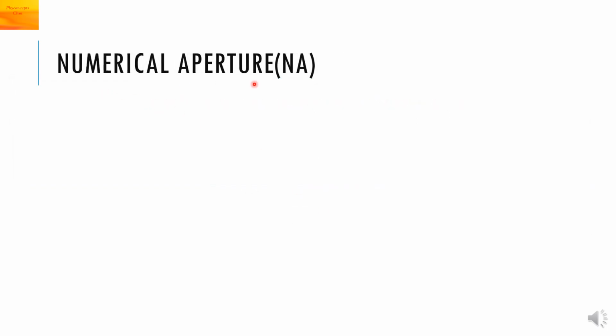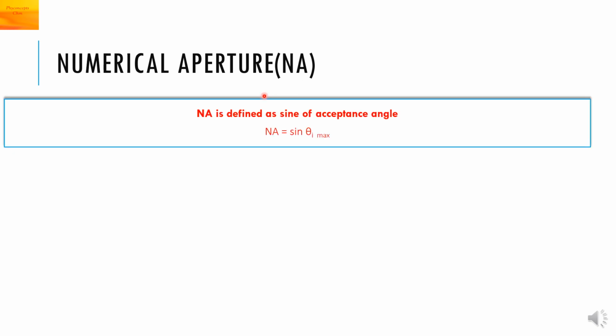Numerical aperture. In short, we will call it as NA. It is defined as the sine of the acceptance angle. Acceptance angle we denote as theta I max. So NA can be given as sine of theta I max. We had seen about the acceptance angle in the earlier video.